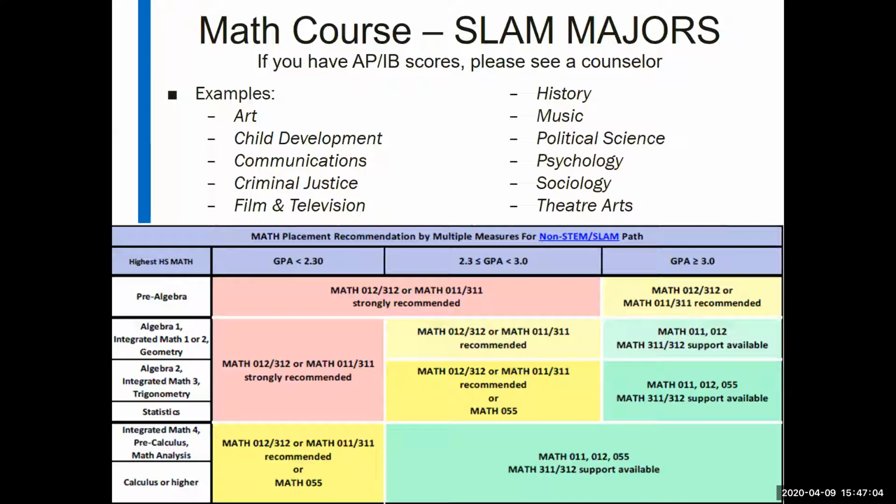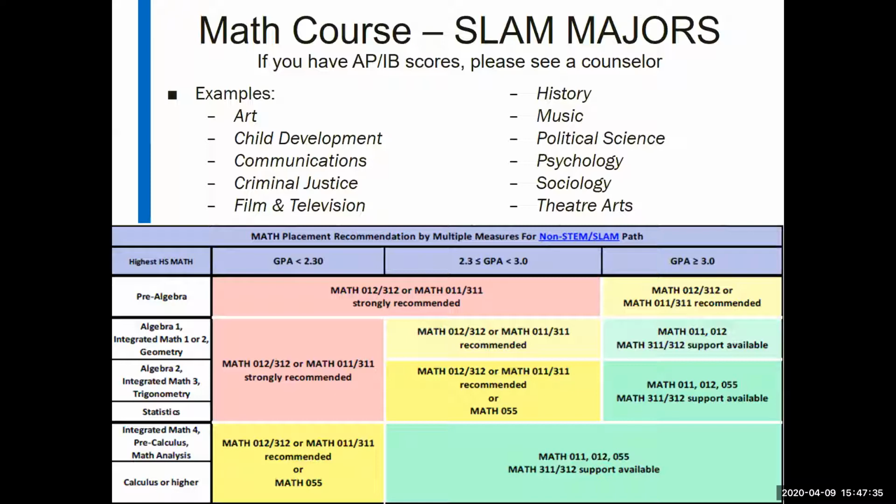And again, if you look across, you will see GPA levels that you would need to reach, and then the column on the left is the highest level of high school math that you have successfully passed. You will see from this grid, everybody is eligible to take Math 12, Mathematical Ideas, or Math 11, Statistics. It just depends on your GPA as to whether a co-requisite is recommended or not.